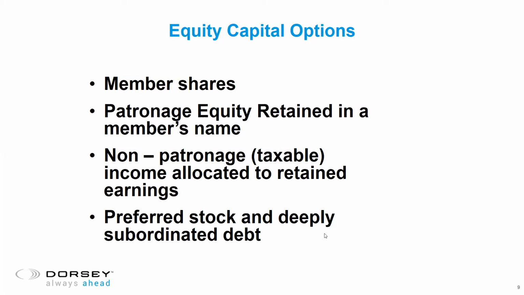Sure. So I'm going to give 3 examples here. One is CHS, which is the largest co-op in the United States. It has been around for at least a century, and it has a preferred stock program, which is a significant part of the equity on its balance sheet.